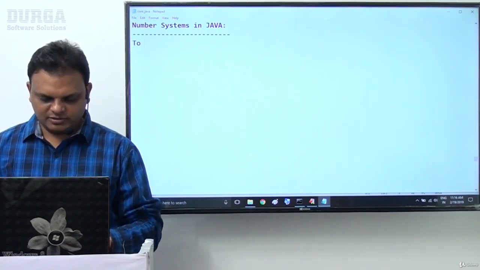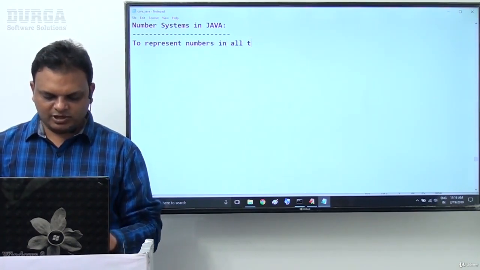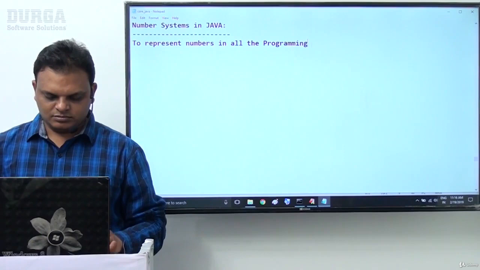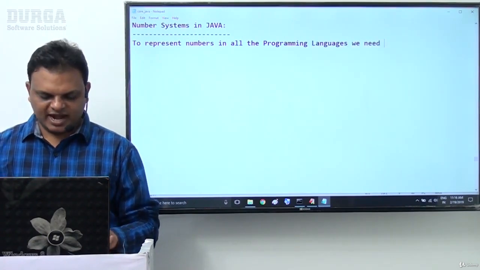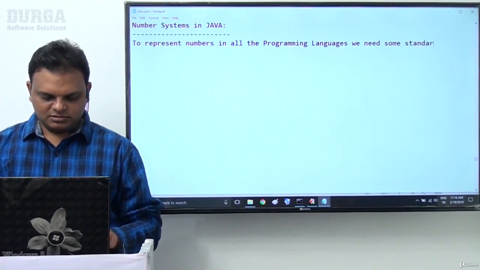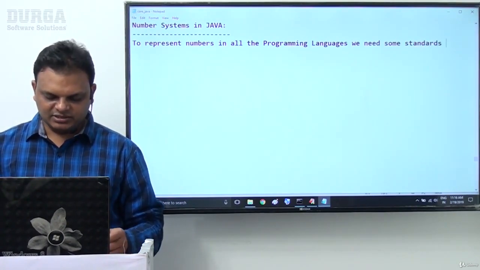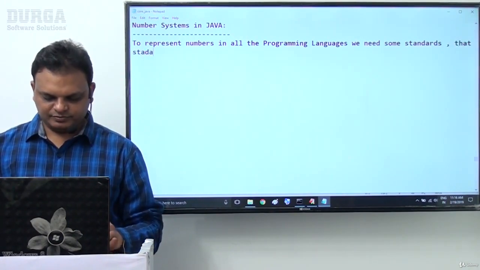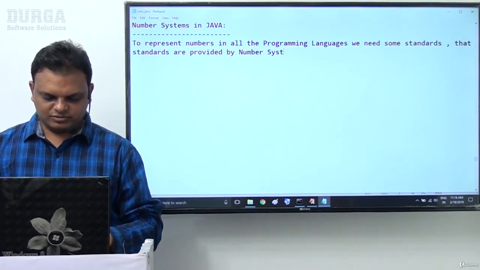The point is very clear. We require some standardizations or standards, and those standards are provided by number systems.